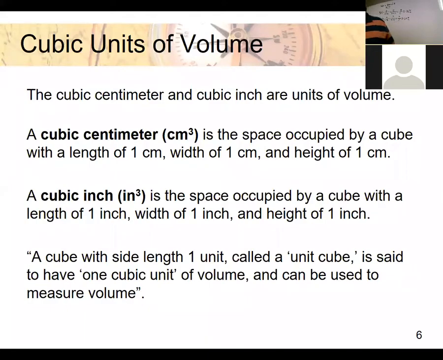And also cubic inches, same thing. Space occupied by a cube with a length of 1 inch, width of 1 inch, height of 1 inch. So a cube with the length of 1 unit is called a unit cube, and it's said to have 1 cubic unit of volume and can be used to measure volume.